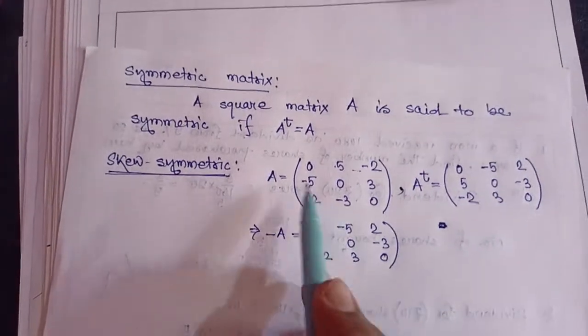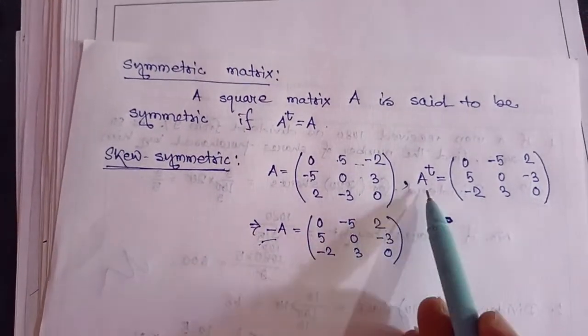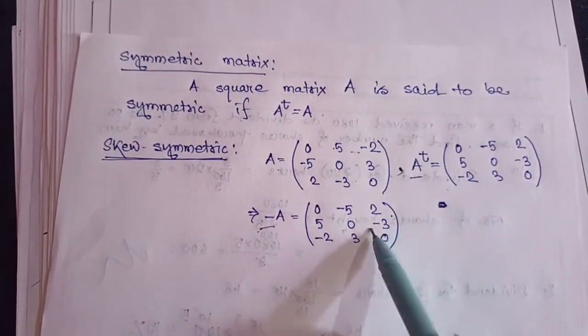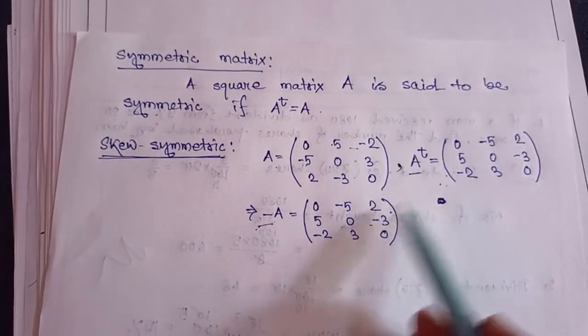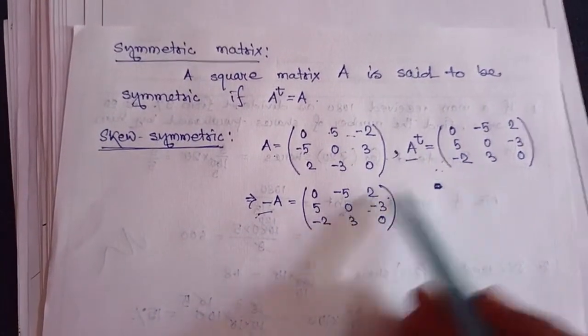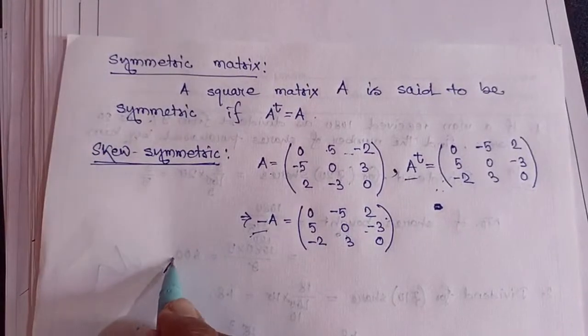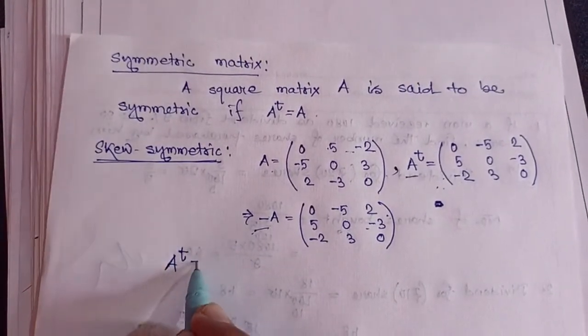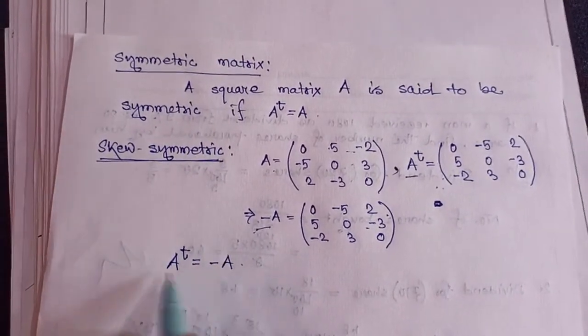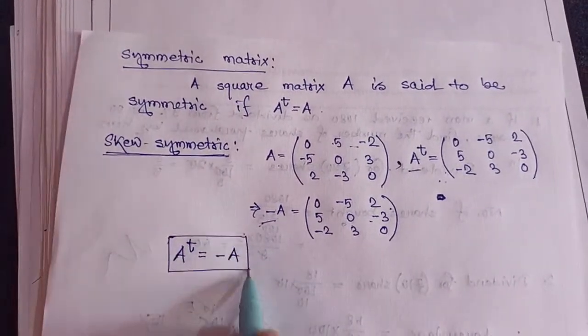So see here, minus A and A transpose, these two are identical, the same matrix. In the case of a skew symmetric matrix, A transpose will be equal to minus A. So this is the definition.